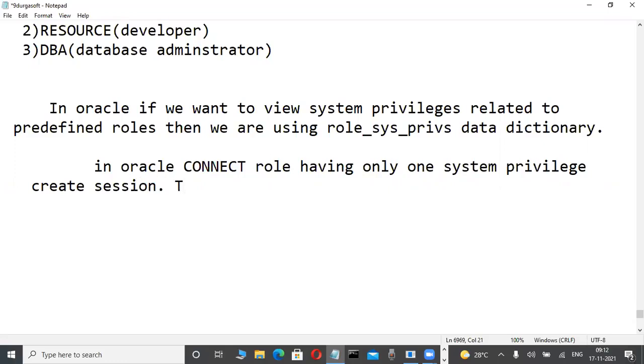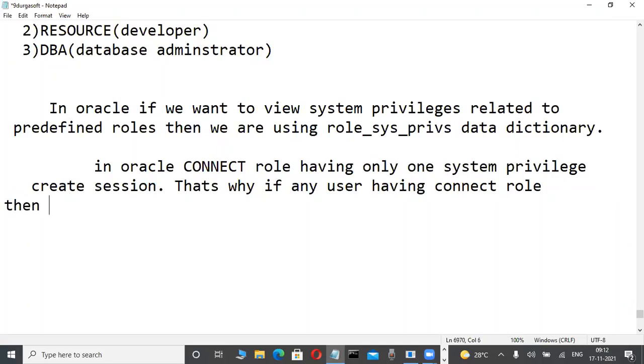That's why if any user has the connect role, for example A1, the user we created, then only that user is allowed to connect to the Oracle server.